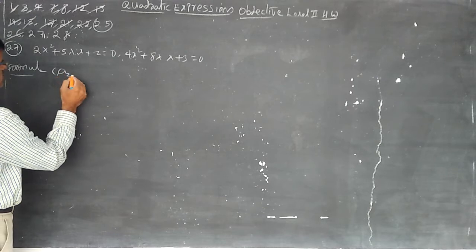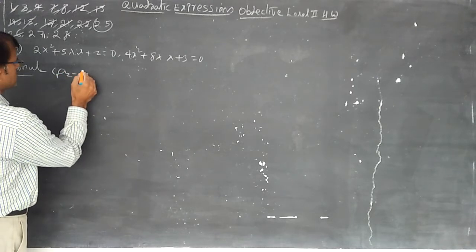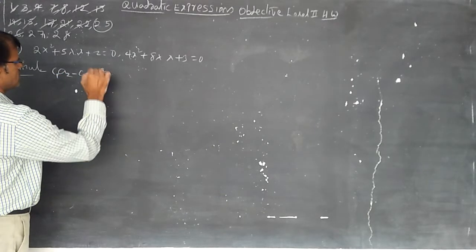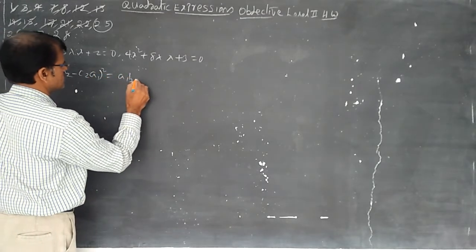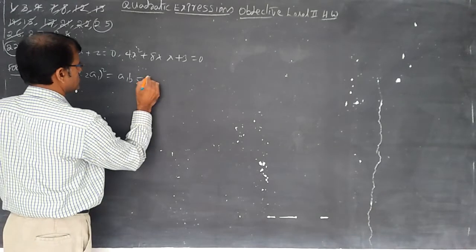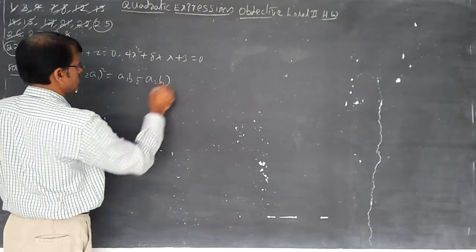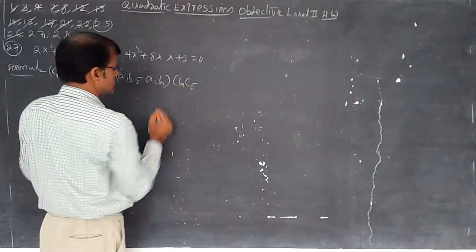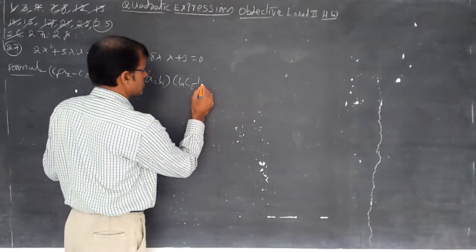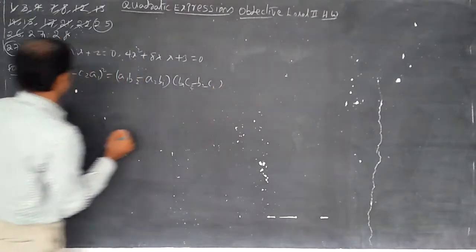Formula: (C1A2 minus C2A1) whole squared is equal to (A1B2 minus A2B1) into (B1C2 minus B2C1).